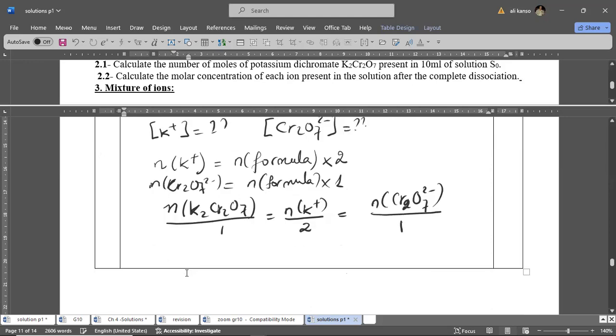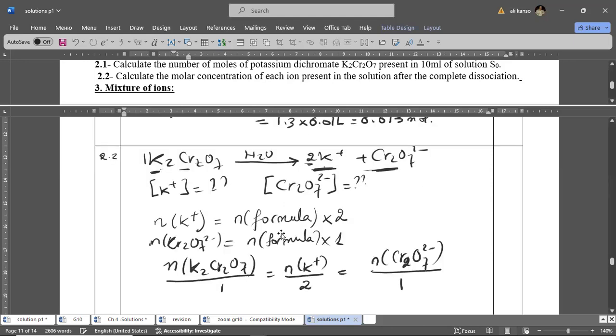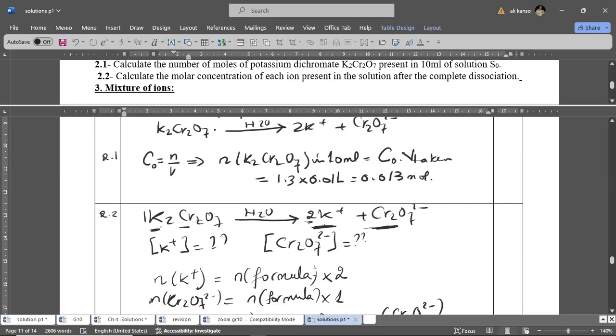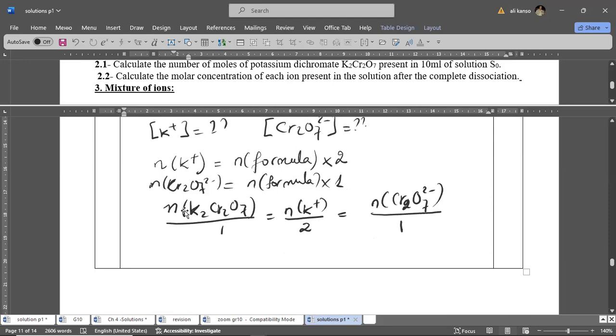And we need the concentration. Now the number of mole we found here is 0.013. We can use it here, 0.013.